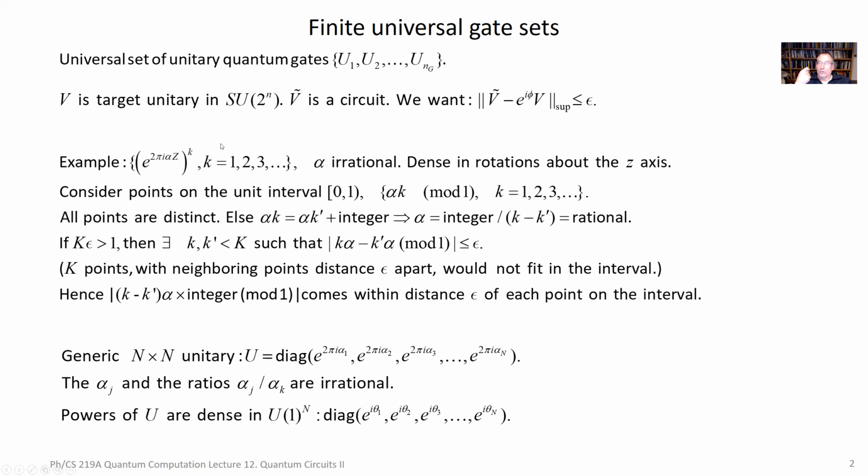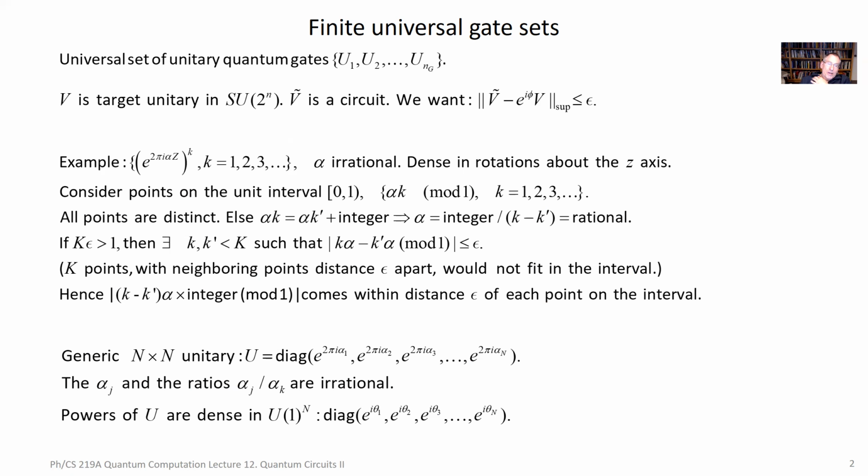So I have this one rotation about the z-axis, and I can apply it any number of times I want, any positive integer number of times, k equals 1, 2, 3, etc. So I claim that actually gives me a set which is dense in the rotations about the z-axis, that I can come as close as I want to any rotation by any angle about the z-axis by taking some suitable power k, applying my gate e^{2 pi i alpha Z} altogether k times in succession.